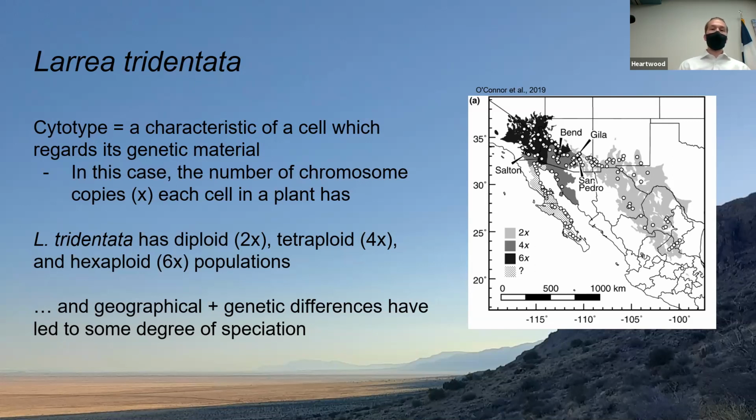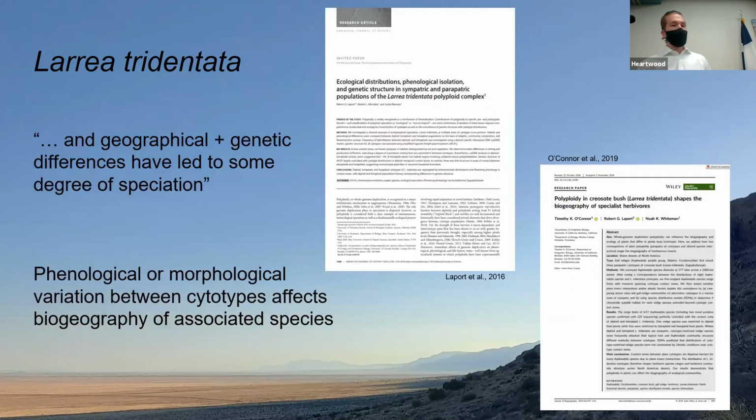And between these populations, there are geographical and genetic differences, which have already begun to lead to some degree of speciation. So they're all regarded still as the same species, but in the future, however many hundreds or thousands of years in the future, they may be considered different species.